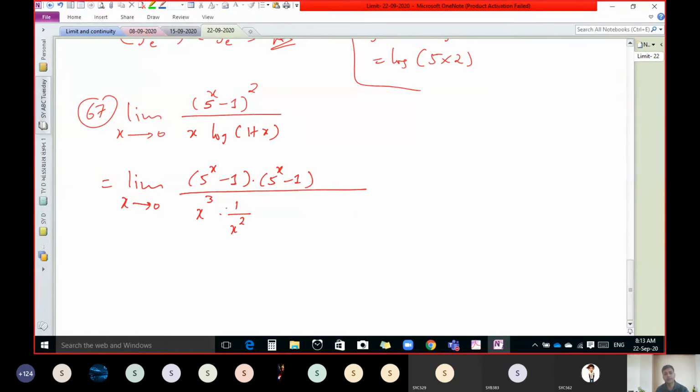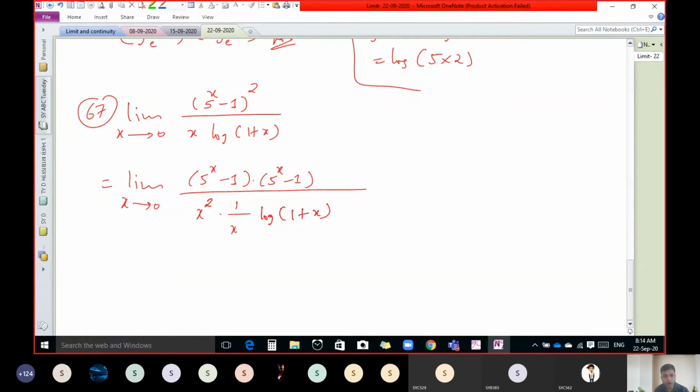Yes or no? Yes, sir. Okay, now listen. Now, instead of this, if I write x square, then I have to divide by 1 upon x. Okay. And this remaining part you can put as it is.